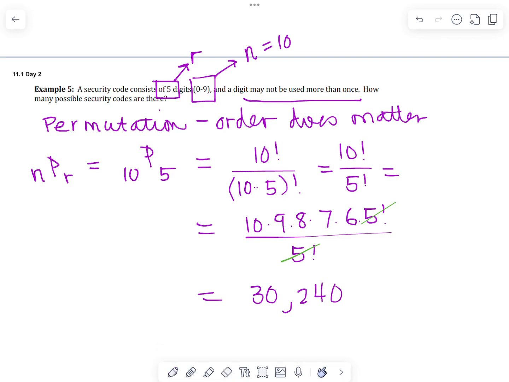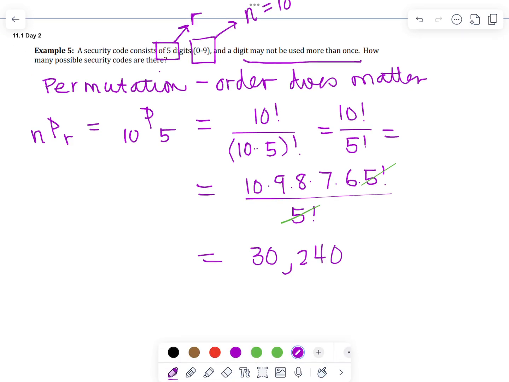30,240. If you like the fundamental counting principle instead, you would say how many choices do you have for the first digit? You have 10. Then that digit has been chosen, so now how many choices do you have left for the second digit? You have 9. Now that digit has been chosen, it cannot be used again.